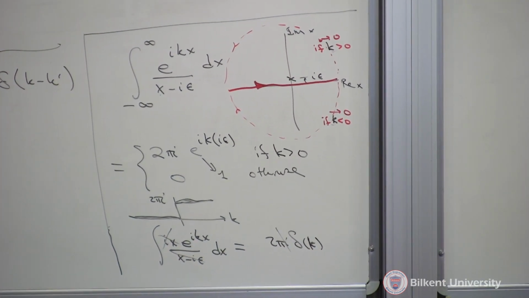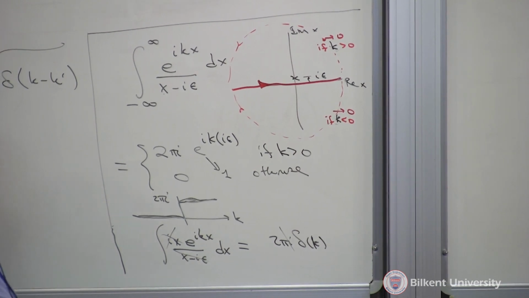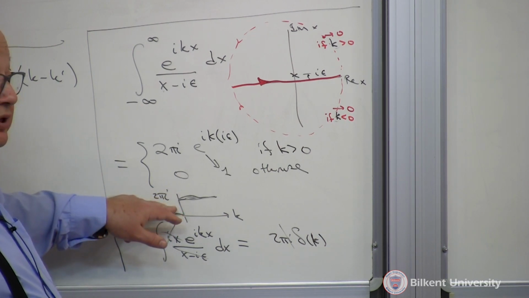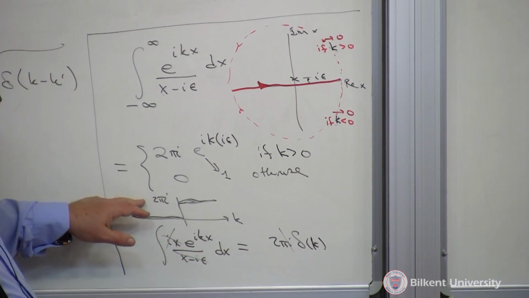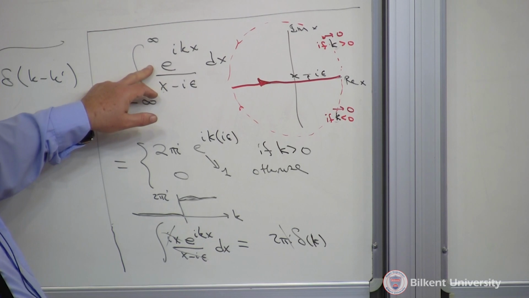I don't understand the last part. I understand this integral equals this, but if you just differentiate, this is a delta function, right? Yes, it's 2 pi i times the delta function. Now, I am differentiating the result, so I should differentiate the integral also.